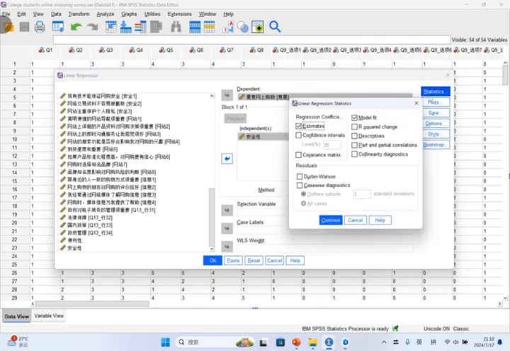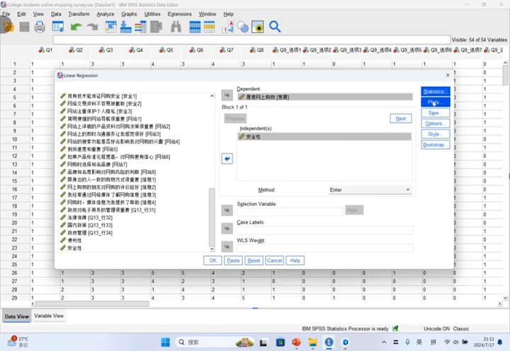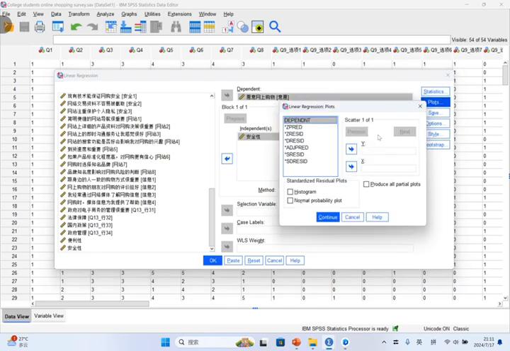In the statistics we need to choose descriptives, Durbin-Watson, DW and descriptives, and then we choose confidence intervals. Okay, we press continue, and then we choose the plots.